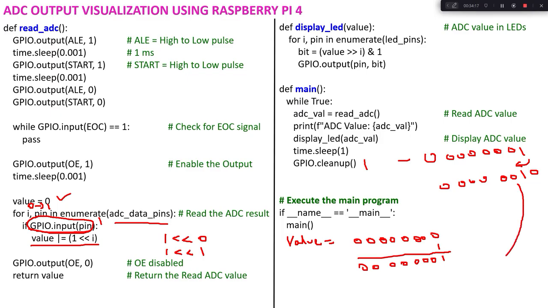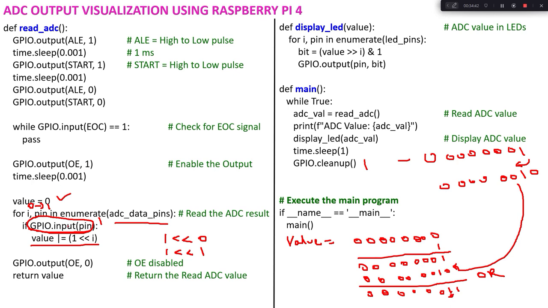This value I need to combine here, not add, an OR operation I have to perform. So I take this value 0, 0, 0, 0, 0, 0, 1, 0 and do the OR operation. When I do the OR operation, I will get 0, 0, 0, 0, 0, 0, 1, 1. So now the second bit of data I have inserted.